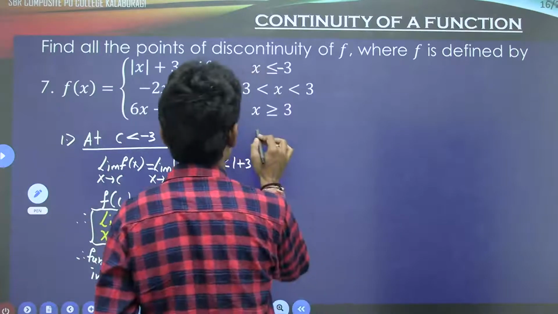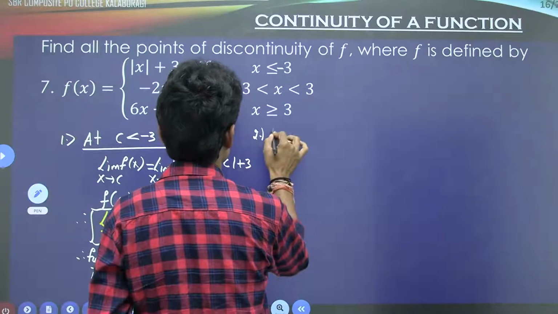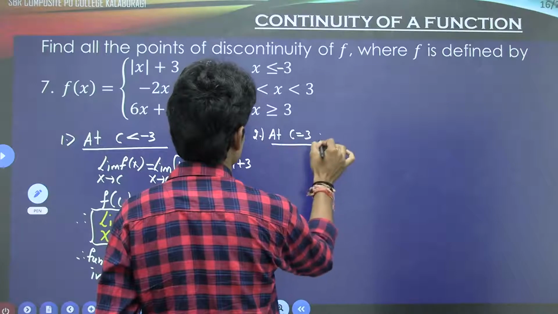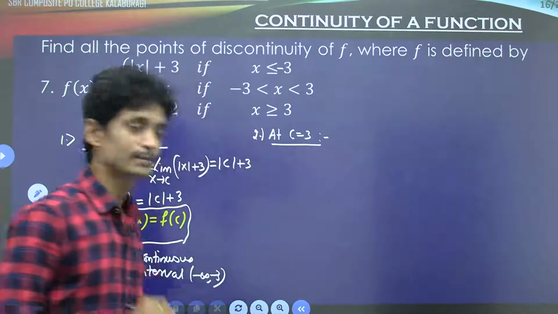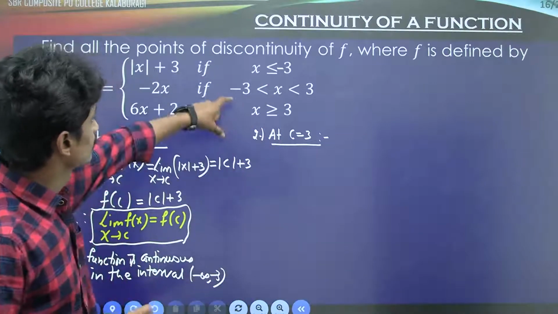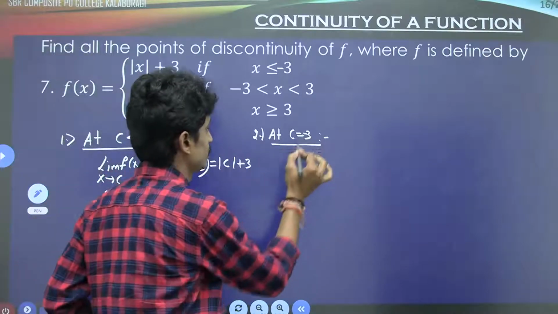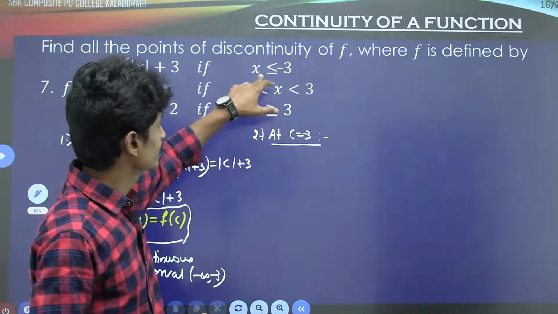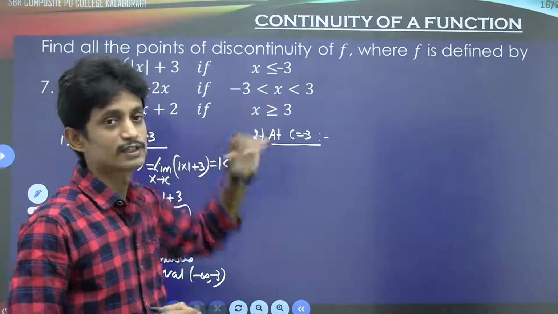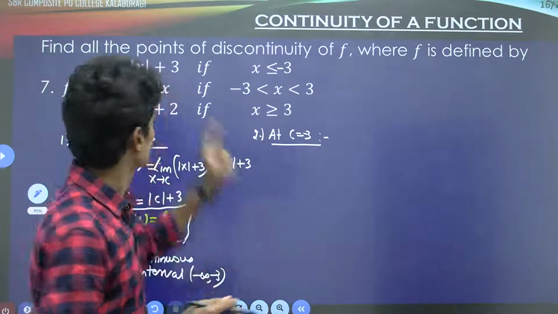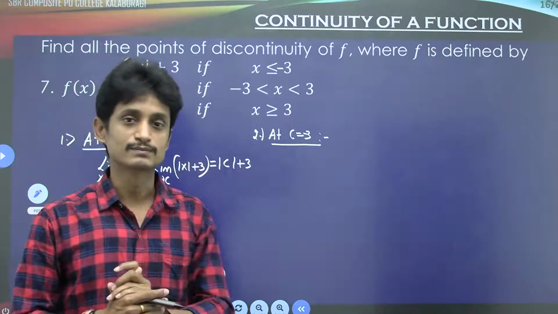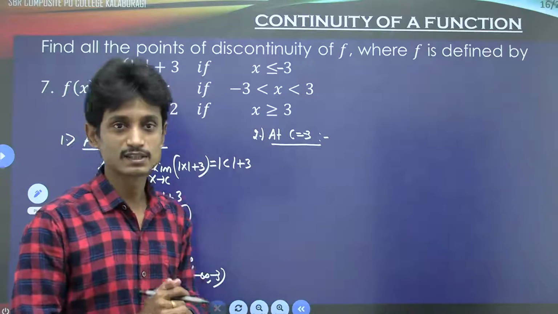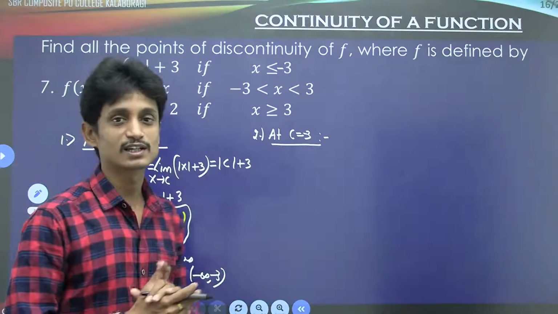Now the second case, case number 2, exactly at c equal to minus 3. Minus 3 means here we have split. When we take the left deleted neighborhood of minus 3, for that one relation they have given. When we choose the right deleted neighborhood of minus 3, for that another relation they have given.